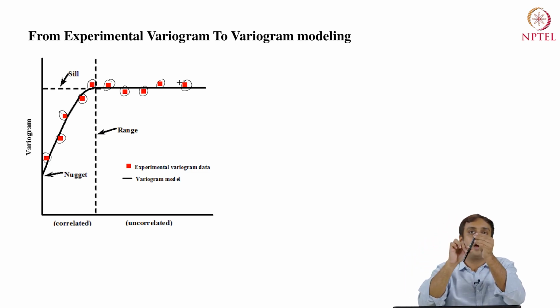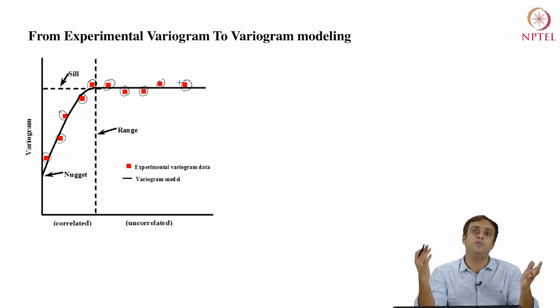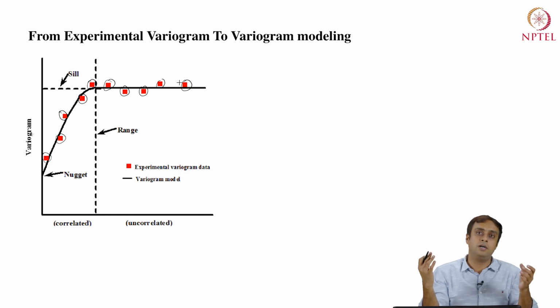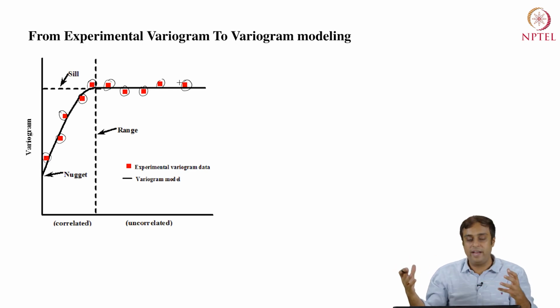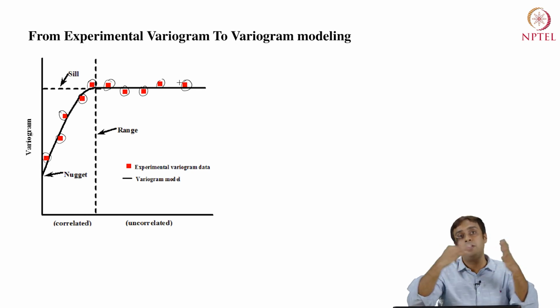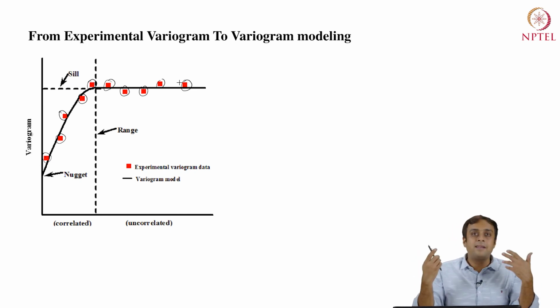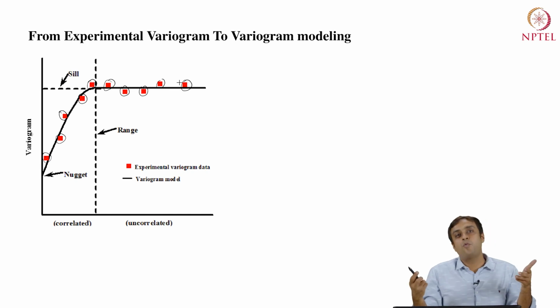It's probably going to be countably many times before I can even get all the unique lagged pairs of data for a given value of h. Imagine doing it for different values of h or distinct values of the lag vector h, that is the distance h, right. That is an ominous exercise. We do not want to be doing that.